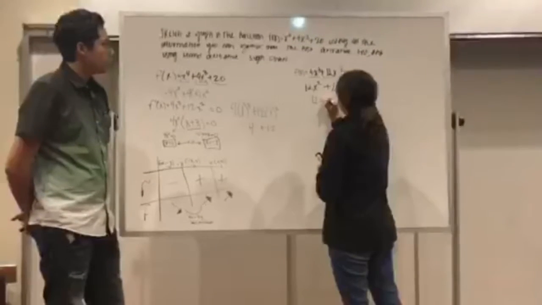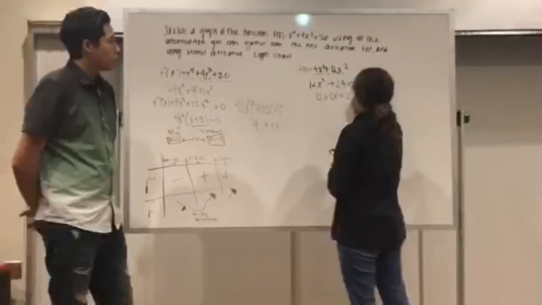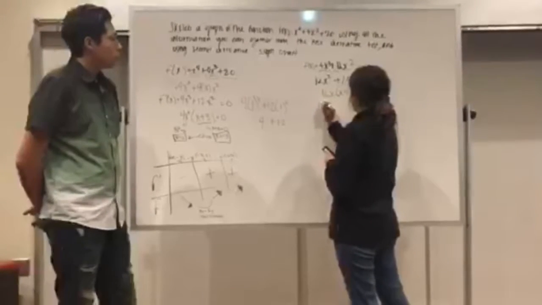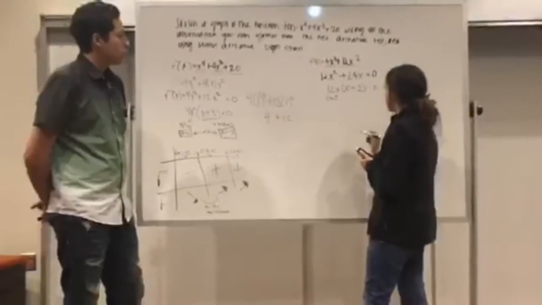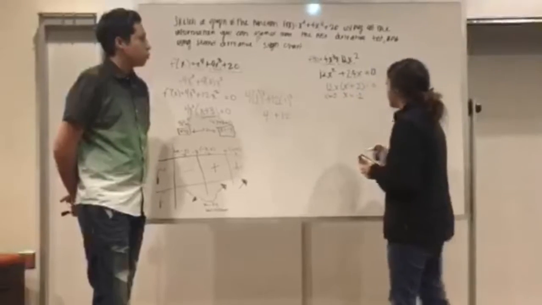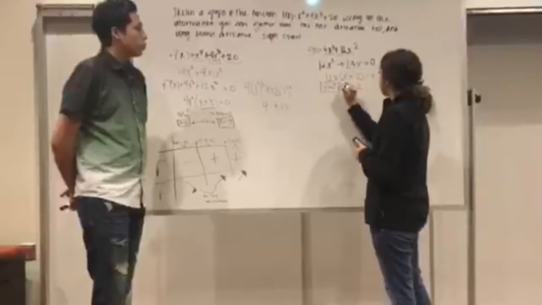So you can factor out a 12x, leaving you with x plus 2 equals 0. If you set this equal to 0, you'll get x equals 0. If you set this equal to 0, you'll get negative 2, basic algebra. So these are your inflection points.